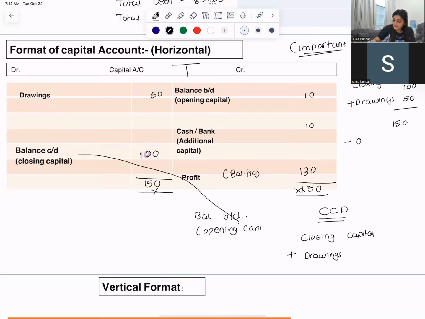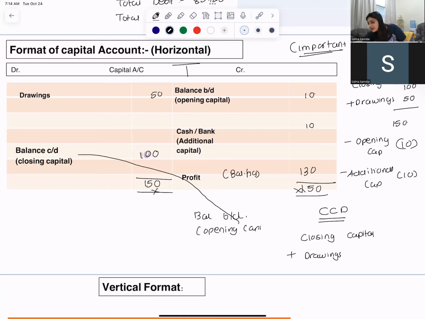So minus opening capital, minus additional capital, I will get my profit. Opening capital is 10, additional capital is 10. So I will get my profit, that is 130. This is the balancing figure.